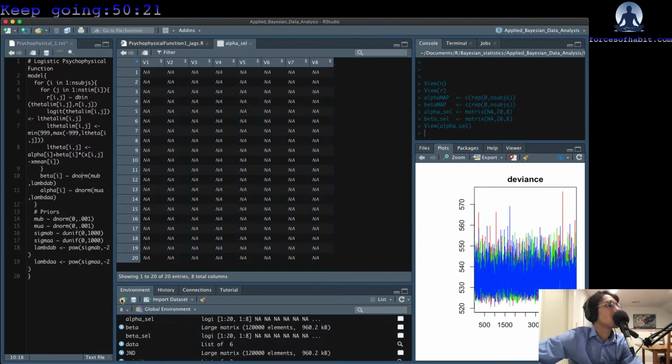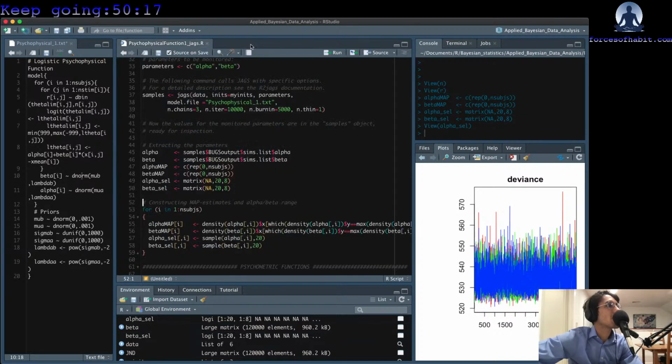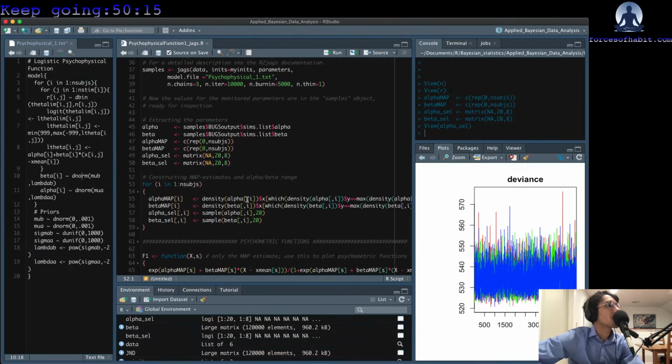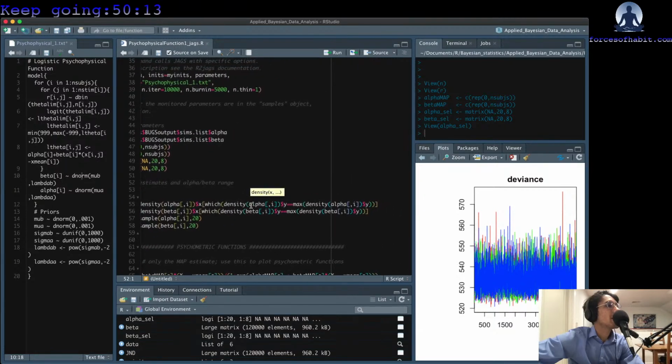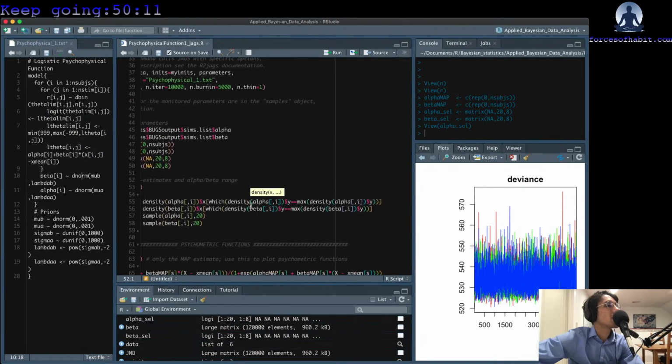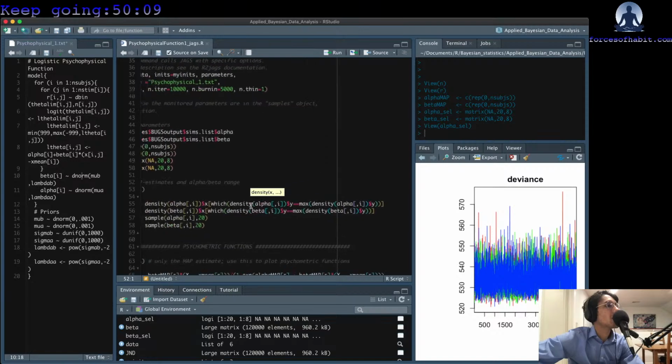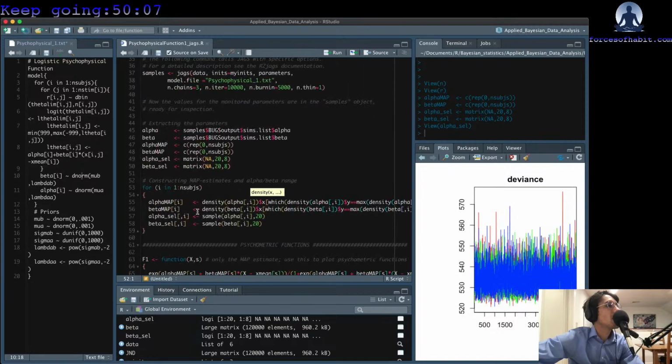So for 20 trials, 8 subjects. So then we're going to get the density for that specific point for each subject for both of the parameters, and then we're also going to select a sample of possible values for each subject for each point.